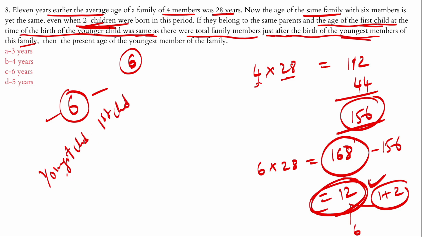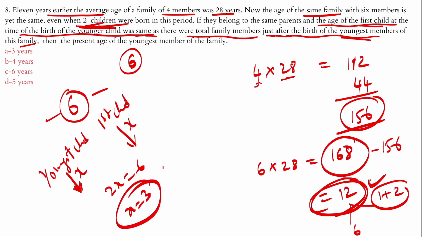After the birth also, if the age of the youngest child increases, then the age of the first child also increases simultaneously. So if it is x years, then the first child's age also increases by x years. So 2x will be equal to 6, x is equal to 3. So the age of the youngest child is 3 years and the age of the first child is 6 years plus 3 years, which is 9 years.